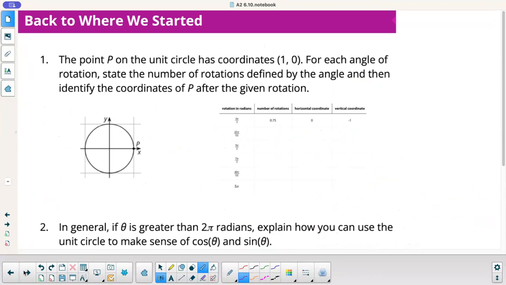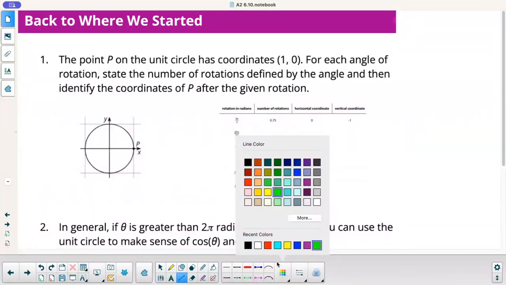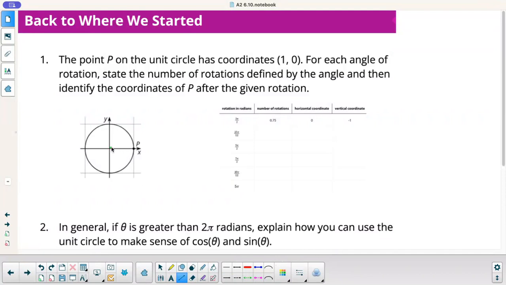All right, the point P on the unit circle has coordinates 1, 0 right there. For each angle of rotation, state the number of rotations defined by the angle and then identify the coordinates of P after the given rotation. So they started out with us here, 3 pi over 2. So your rotation would look like this right there.